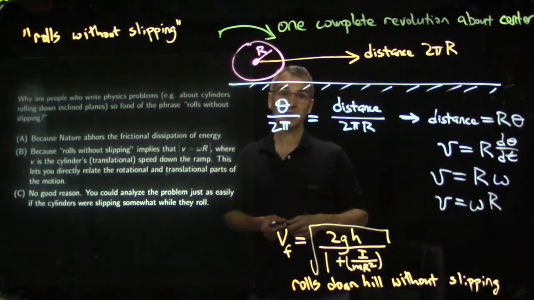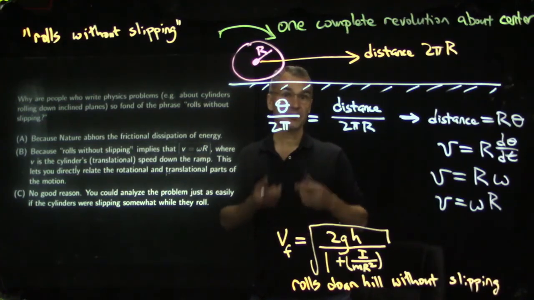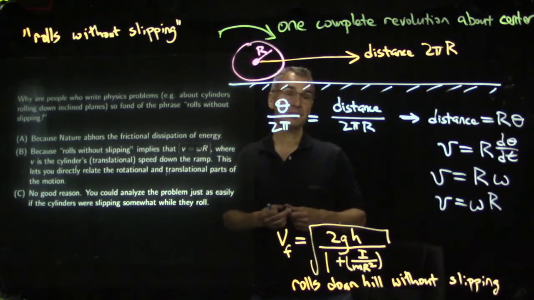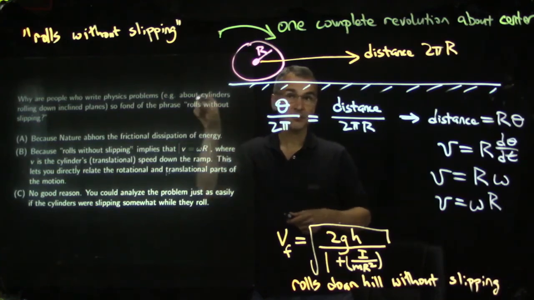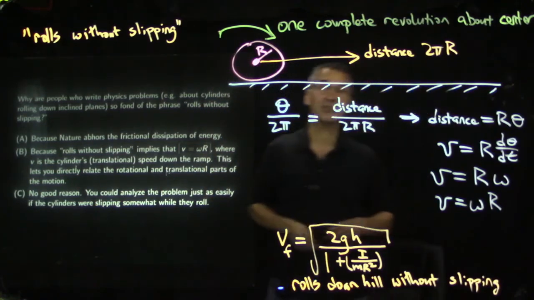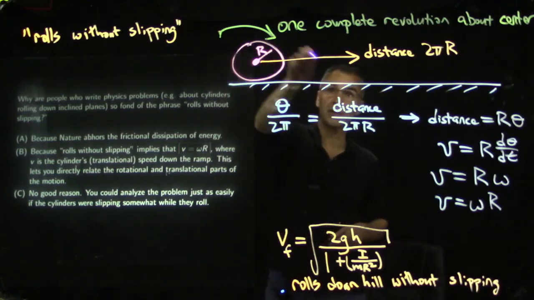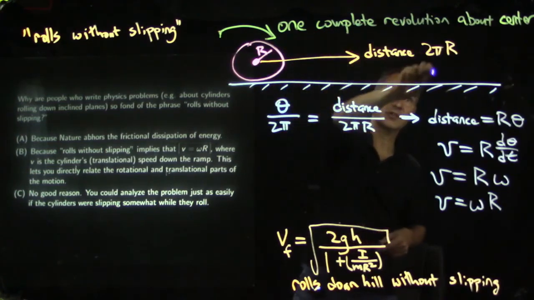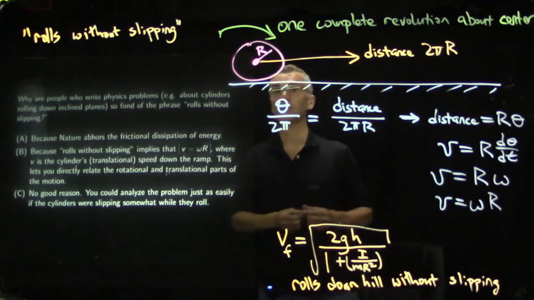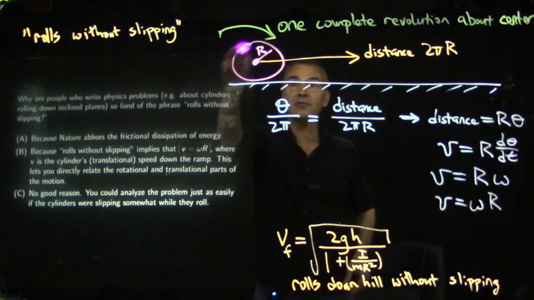It makes for a much better physics problem if an object rolls without slipping, because then there's only one variable, the same variable that quantifies how far it moves translationally can also be used to quantify how far it rotates rotationally. And one way to see that is if you notice if this object rotates without slipping.